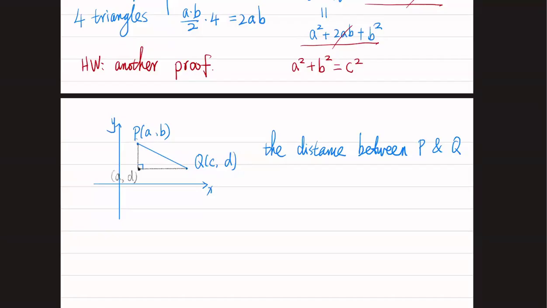Okay. Jessica, what's the length of this side? How do we find the length of this? This one is B, this one is D. B minus D. Okay, so in this case, this will be B minus D. And Fred, the length of this.